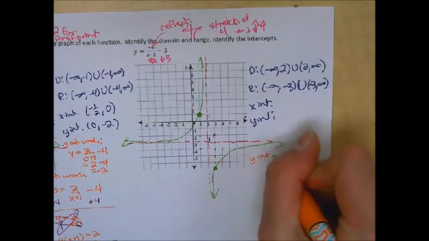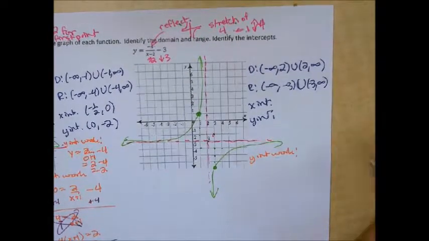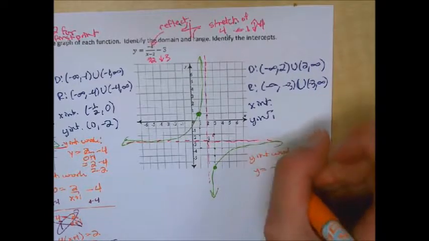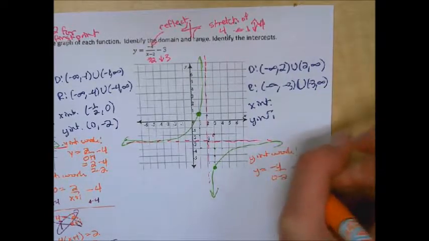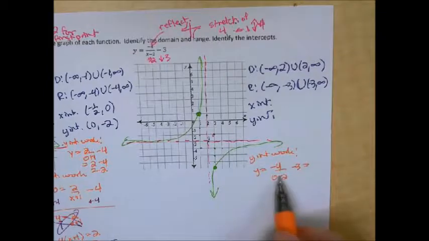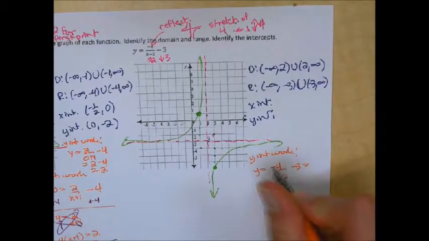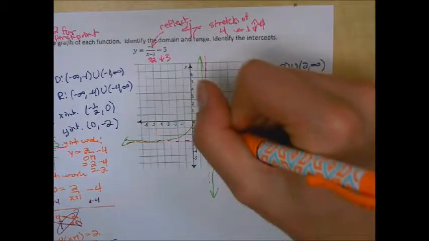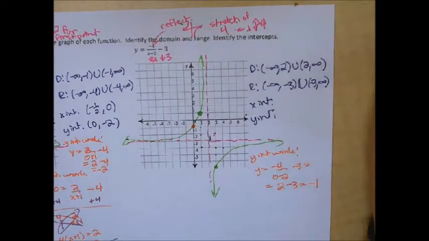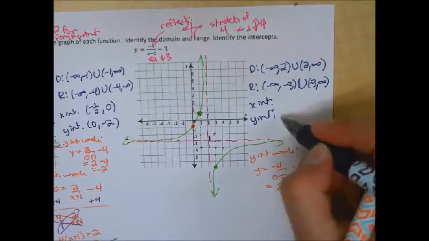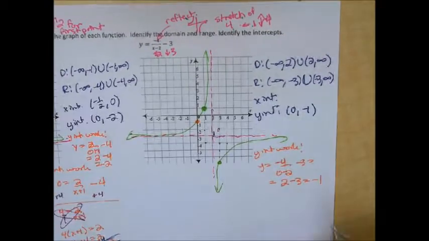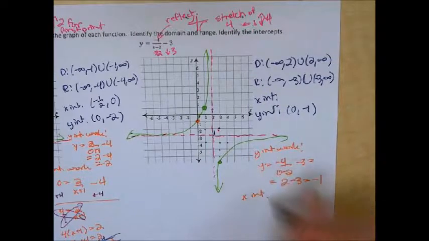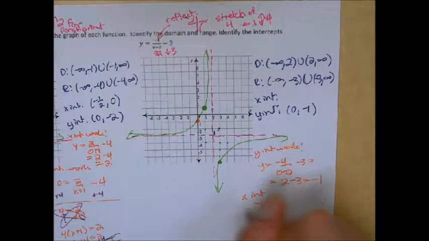For your y-intercept, make x equal to 0. Negative, let's see, 0 minus 2 is -2. -4 divided by -2 is +2, minus 3 is -1. So it looks like we have right there. That's at 0, -1. X-intercept, -4 over x minus 2 minus 3 equals 0.